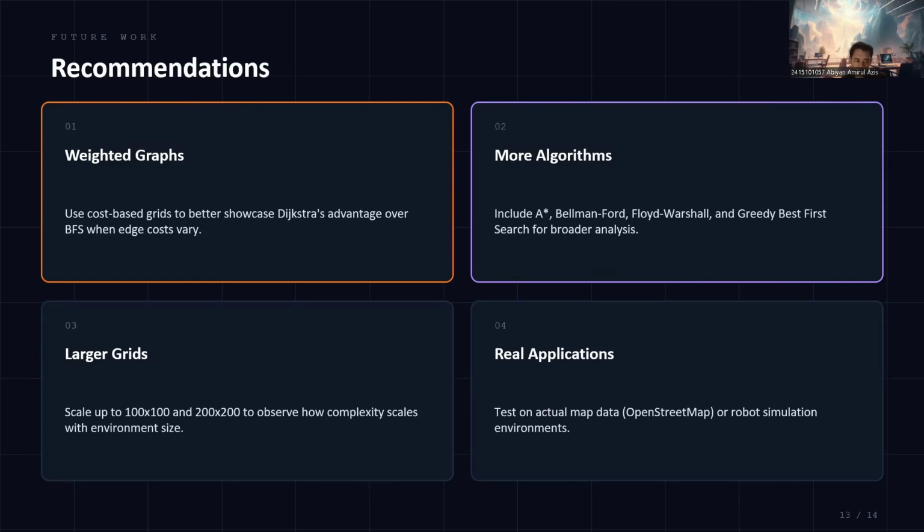For larger grid sizes, try to scale up to 100 by 100 and 200 by 200 to observe how complexity scales with the environment size. For real applications, test on actual data, OpenStreetMap, or robot simulation.